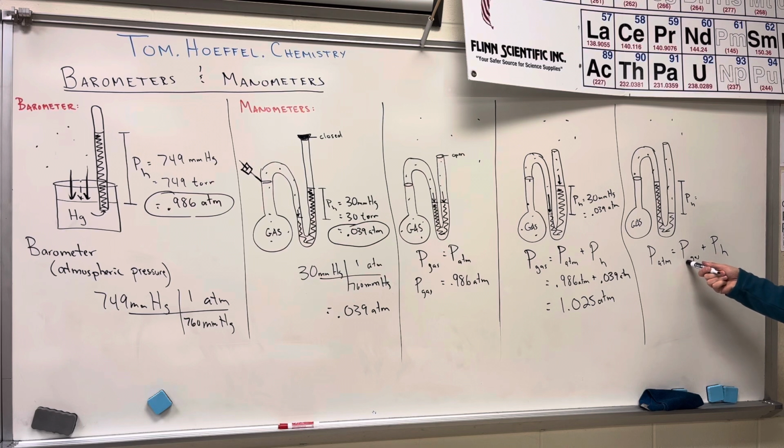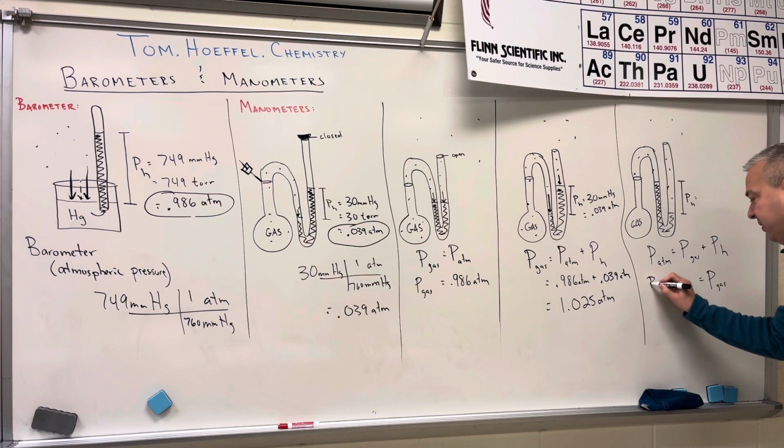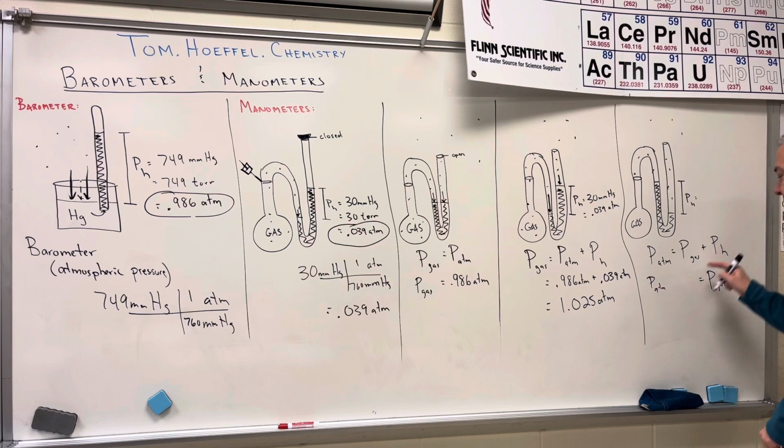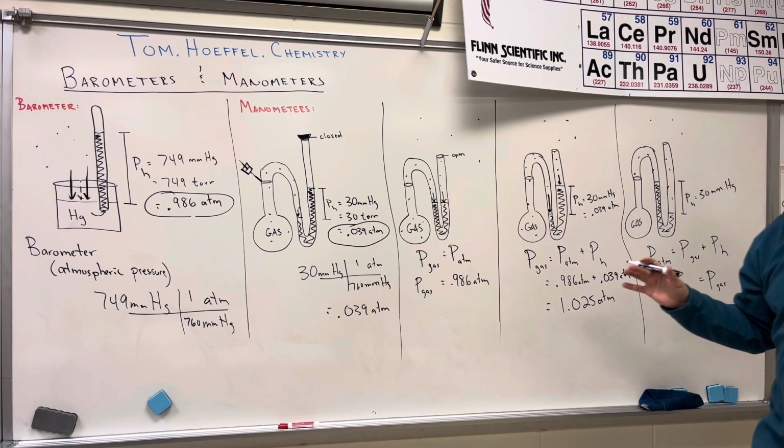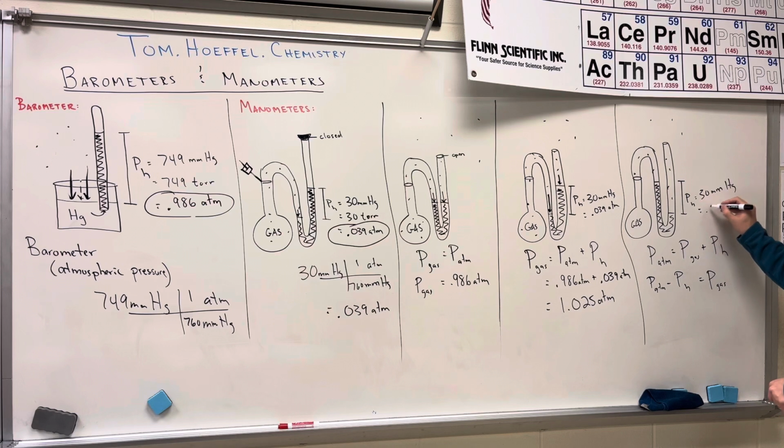Now, if I wanted to get the pressure of the gas, I would subtract on both sides. So the pressure of the gas is equal to the atmospheric pressure minus this height difference. We'll keep apples to apples and say it's 30 millimeters of mercury, which is equal to 0.039 atm.